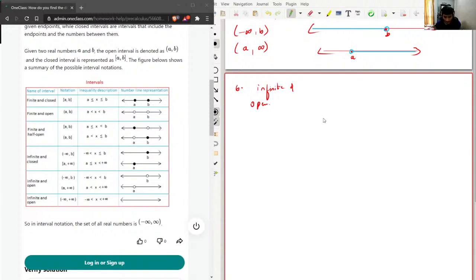But so infinite and open, again this is the number line, minus infinity to plus infinity. I'm not going to draw with blue here. So infinite and open will be from minus infinity to plus infinity, and that is also the range of all real numbers. Basically all real numbers are from minus infinity to plus infinity. And again I'm not going to draw a blue line because it will just overlap with this red color.